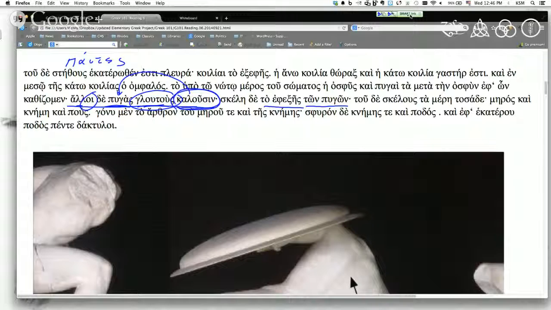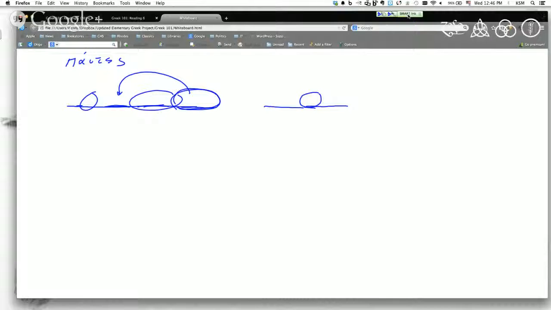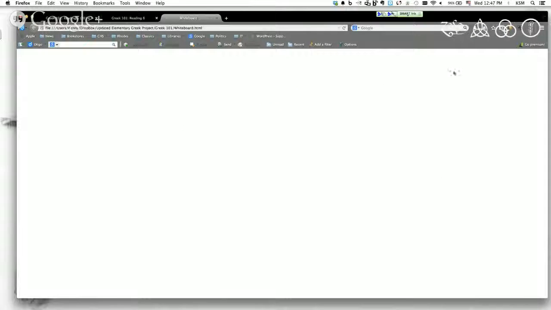It's plural. What's its case? Accusative. Okay, genitive.